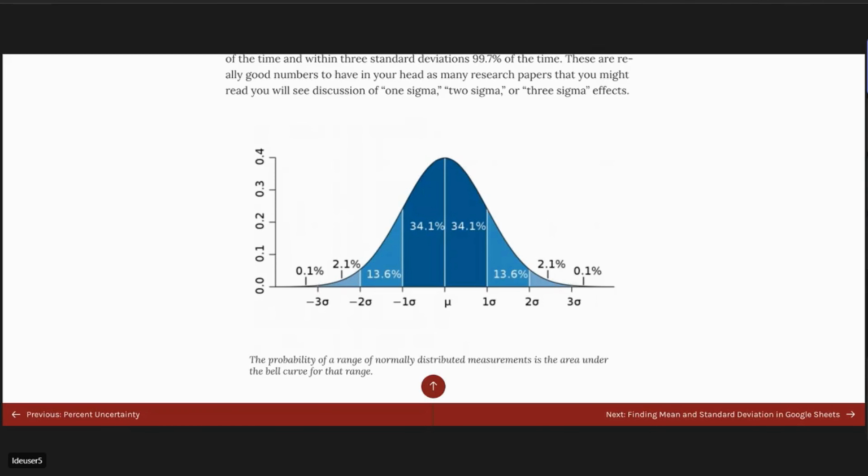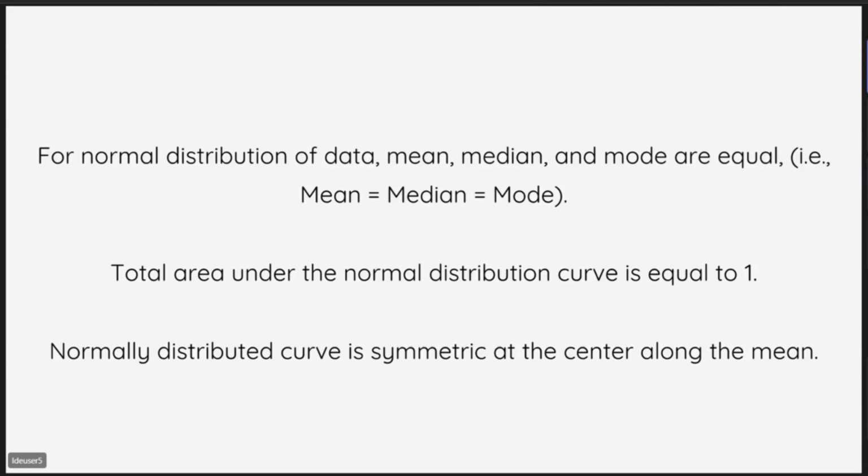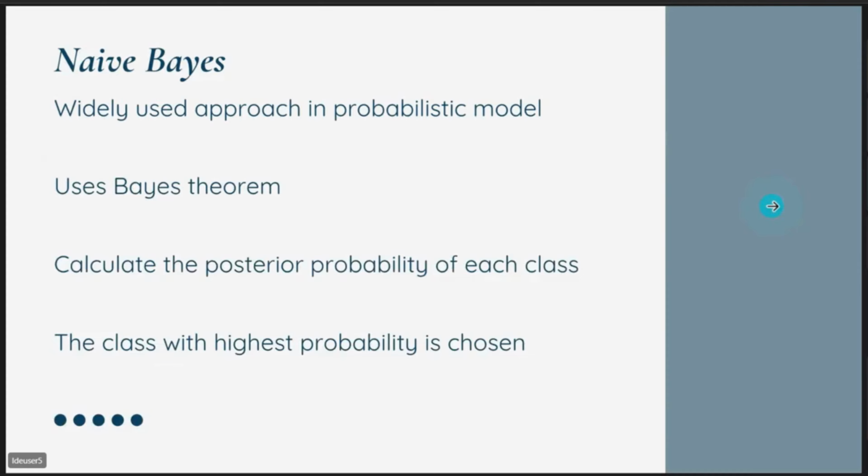Okay. So going back to the presentation. Most of the probabilistic methods make use of the normal distribution or assume that your data is normally distributed, and only in that case you will be able to apply these. Okay. Not all data, as I told, is going to be normally distributed.